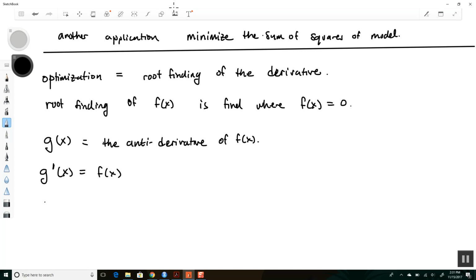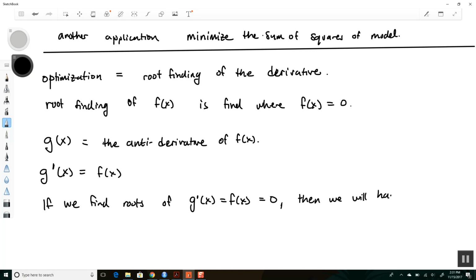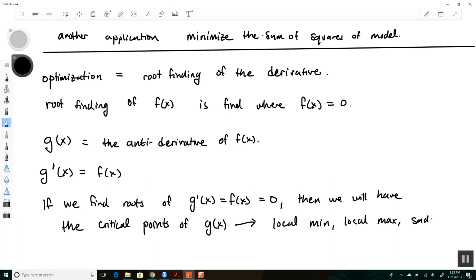And then if we find roots of g prime of x, equal to f of x, basically equal to 0, then we will have the critical points of g of x, which will either be a local min, local max, or a saddle. That's pretty much it for this.